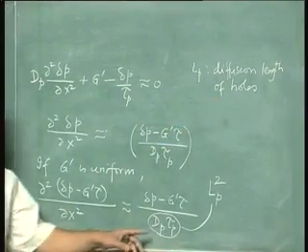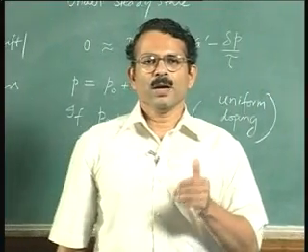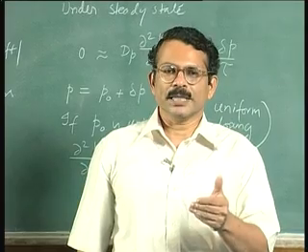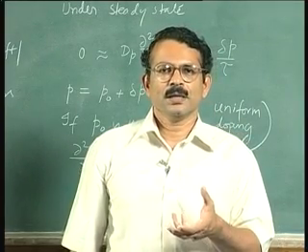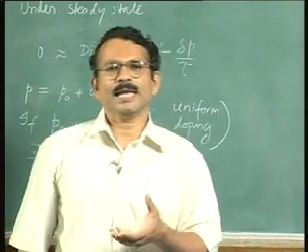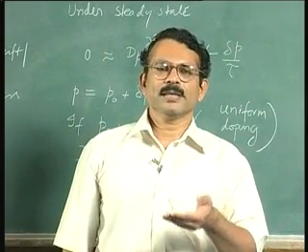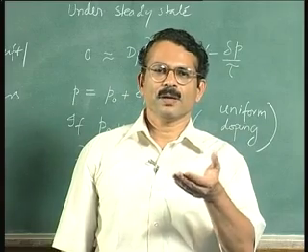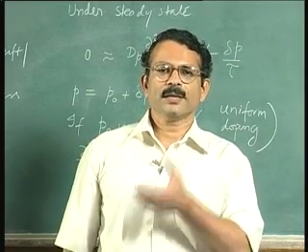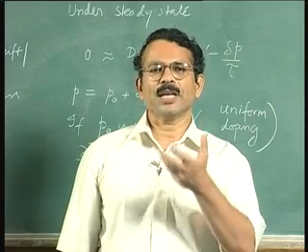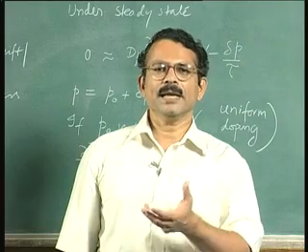Now how do you show that Lp is the length over which a hole travels before it recombines, when diffusion and recombination both are present? It can be done in the same way as we have done for lifetime. How did we show that if there is an exponential decay of a particular particle concentration, then the time constant of this exponential decay is the average time for which a particle in this decaying population stays?